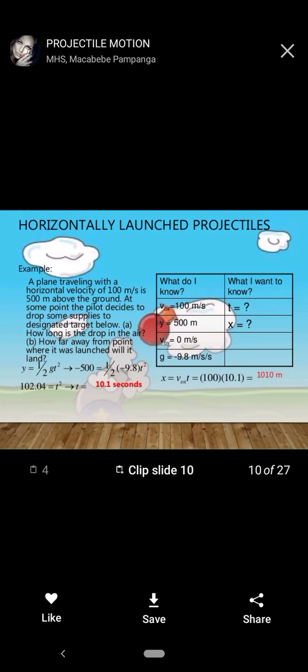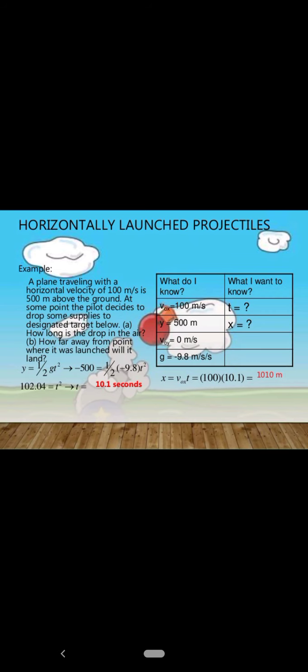Using the formula y equals half gt squared, we find t, which comes out to be 10.1 seconds. To find x, we multiply vx with t. The value of vx is 100 and t is 10.1. On solving this, we get x equals 1010 meters.